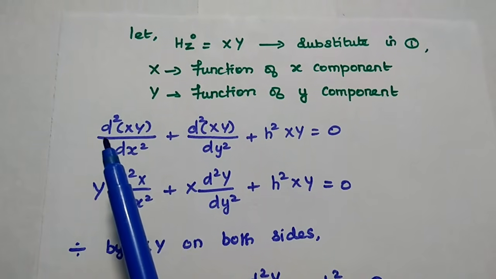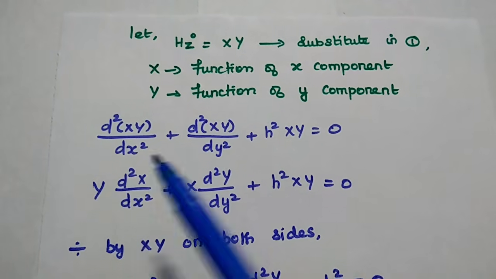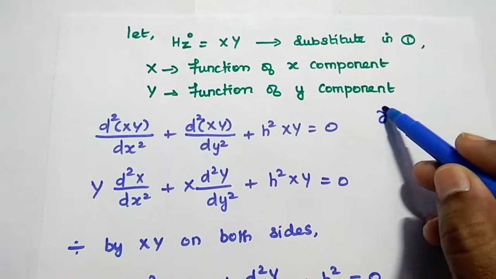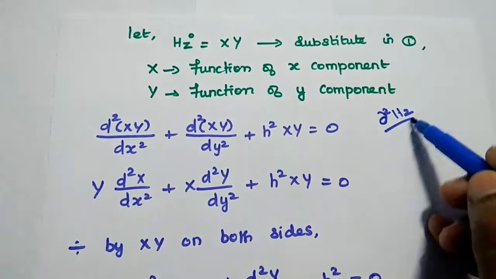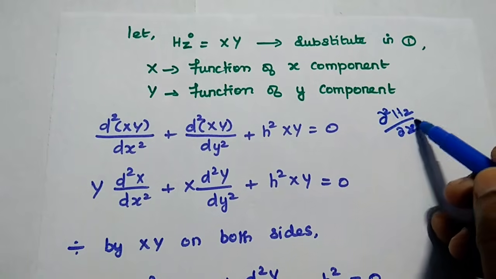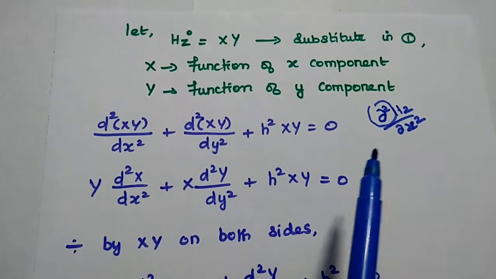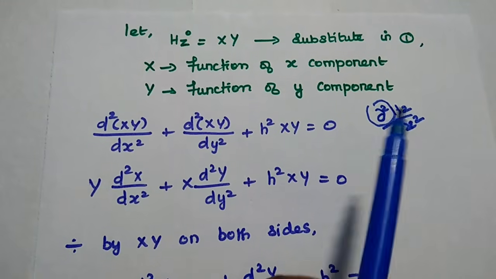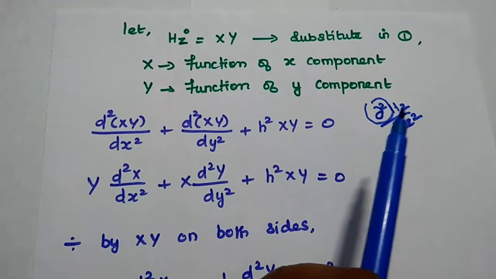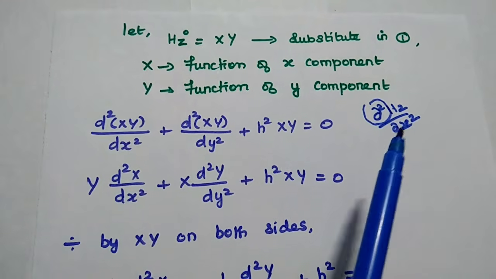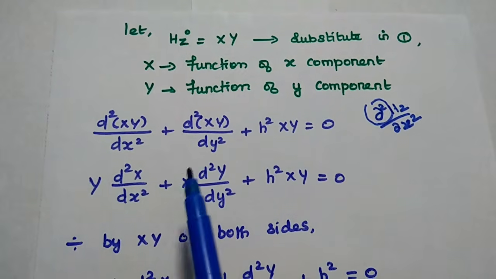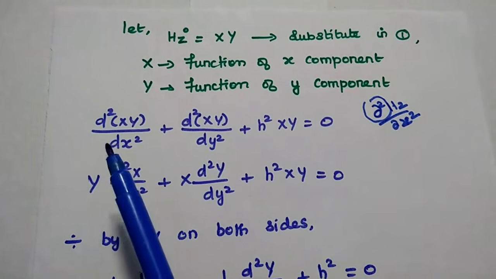The first equation is ∂²Hz/∂x² and so on, where the partial differentiation applies to Hz consisting of both x and y components. So we separate the x and y components using these functions.